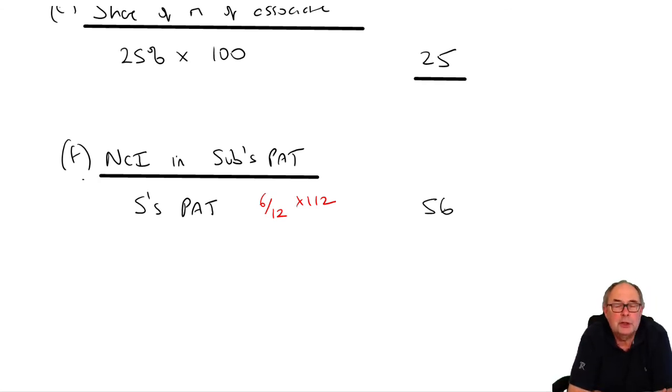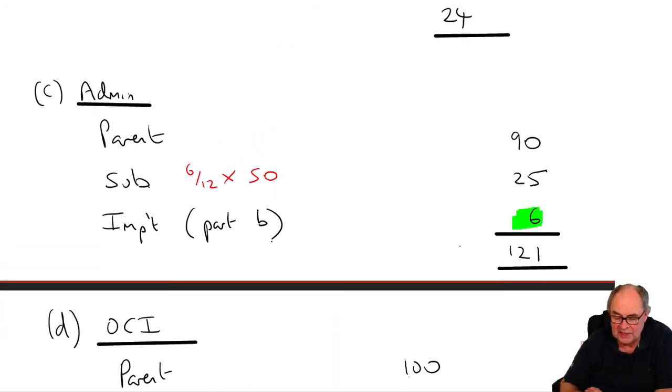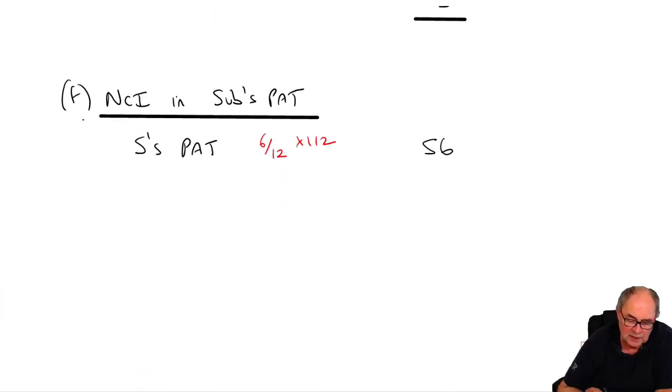Now the only issue is whether there are any adjustments to that figure that would affect the NCI. Because we are using full goodwill, the NCI must suffer their share of the impairment as well. How much was the impairment? We've mentioned it twice, it was 6. So actually, S's profit after tax was 56, less the impairment of 6.